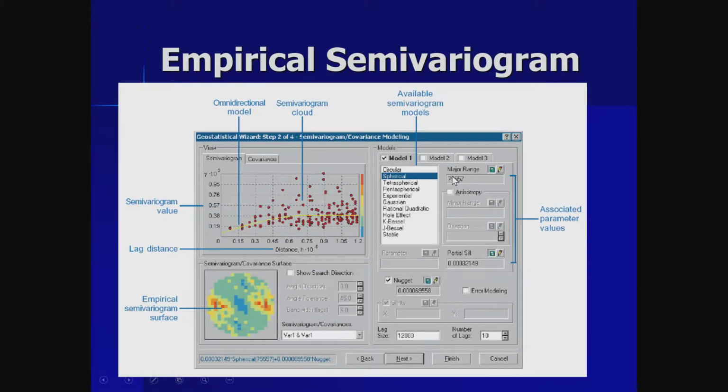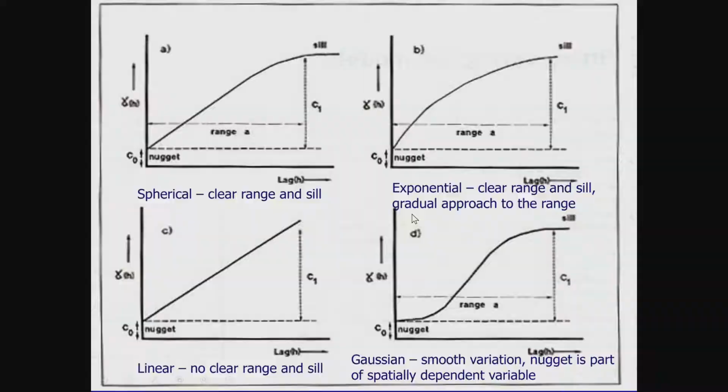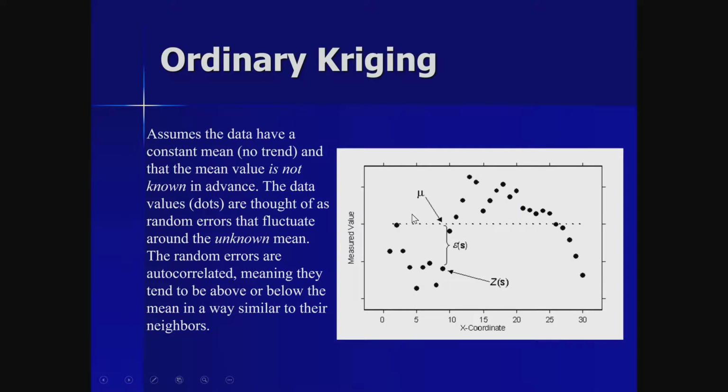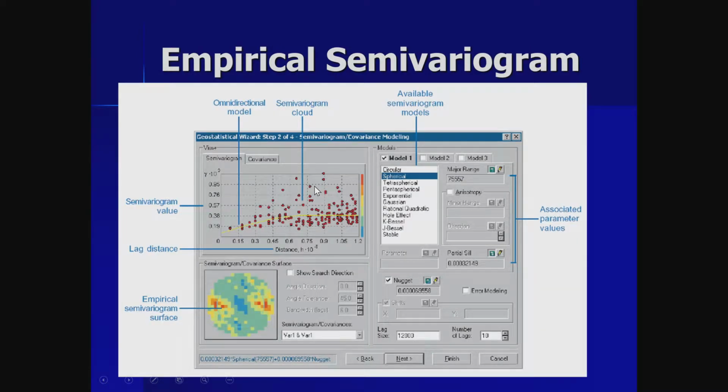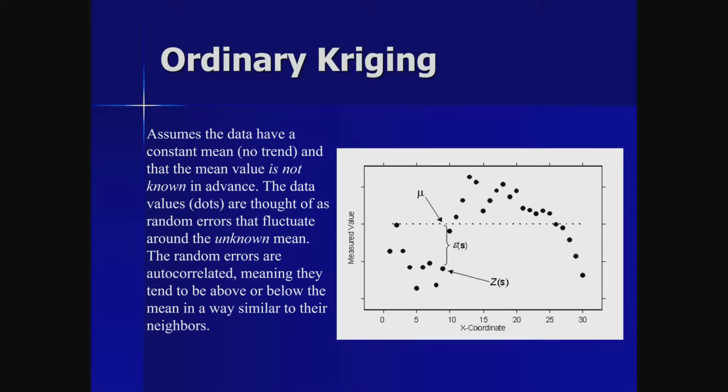I don't know as much about that, but there are different types of kriging. So even before you got to this screen, you could choose between a few different types of kriging that we're going to talk about here in a second. So the first one here is ordinary kriging.